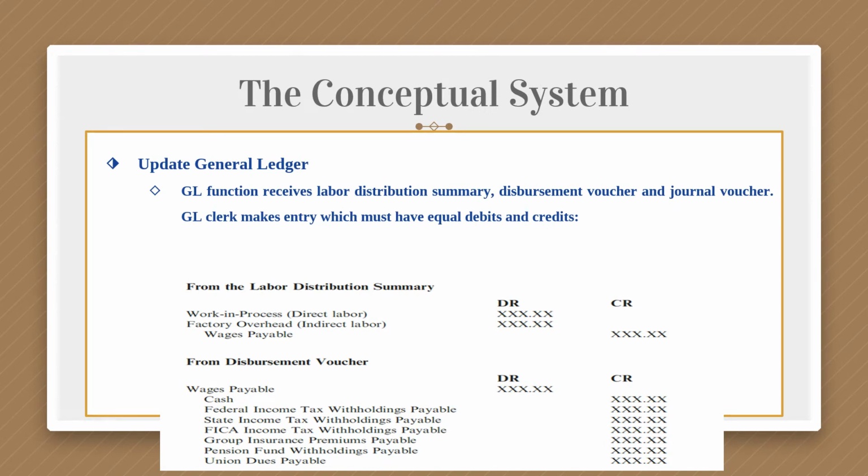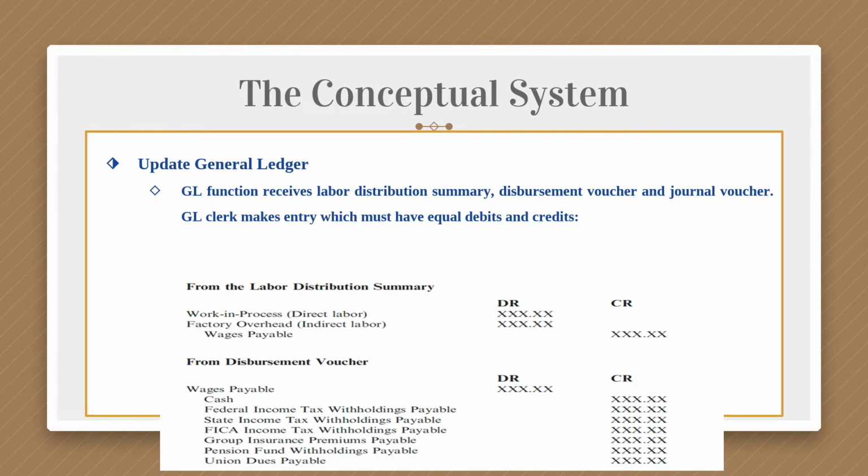The last function in the conceptual system for the payroll cycle is updating the general ledger. In the general ledger function, it receives the labor distribution summary, which comes from preparing the payroll list, and also the disbursement voucher and general voucher when we start preparing the disbursement and paychecks for employees.